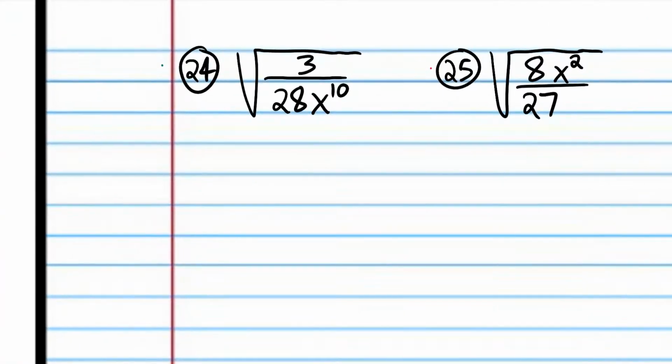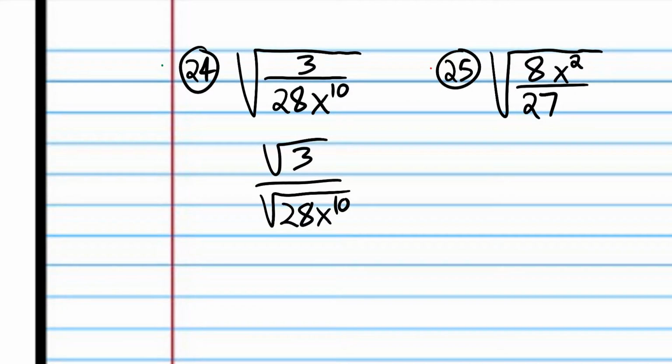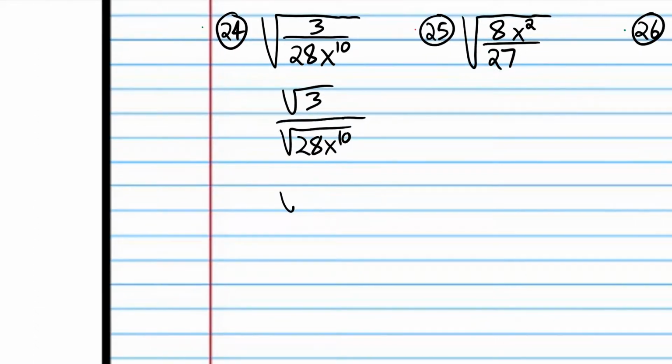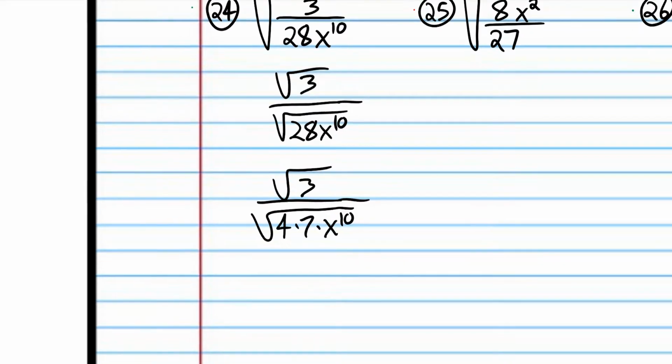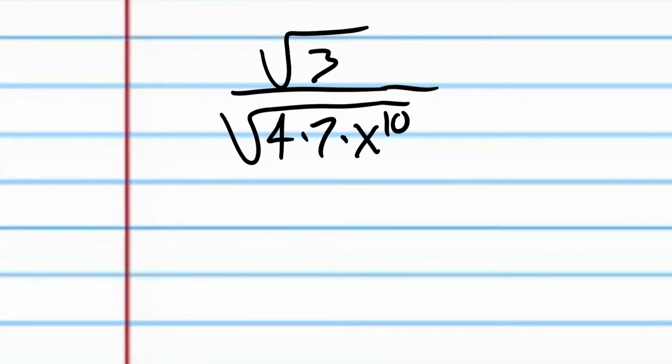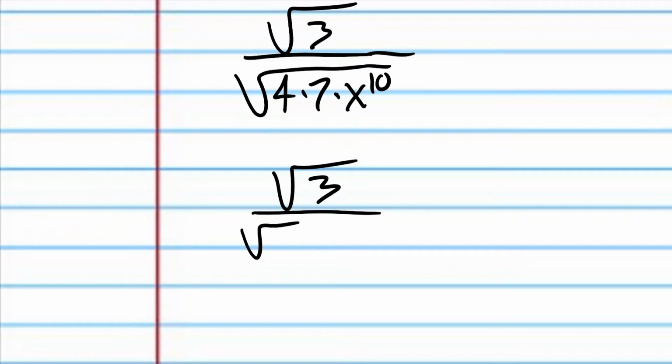All right, we're back. So root 3 over root 28x to the 10th. And we're going to factor to 4 times 7 times x to the 10th. X to the 10th doesn't have to be factored, it's an even power. And root 3 over root 4 times root 7 times root x to the 10th.